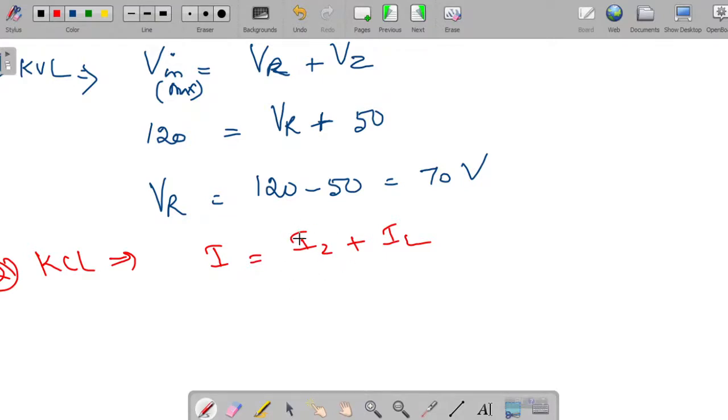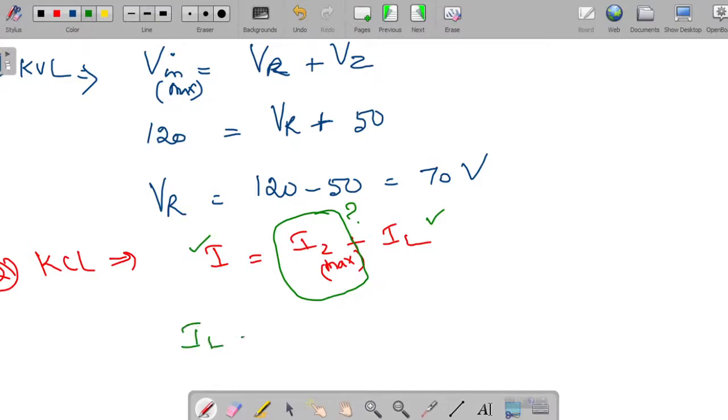Finally we need to find out the Zener current, because the maximum Zener current we want to find out. So I is at maximum, and what is the value of this Zener current is the question mark. So the other two parameters, IL and I, should be known to us.